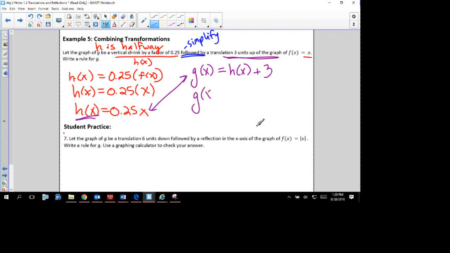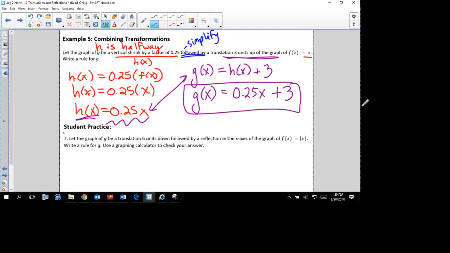So g of x, what is my previous function? 0.25x, add 3. Then I say, can I combine anything? Is this simple in this form, or could I add those together? No. So that would be it. That one's a pretty easy one. So we're doing halfway there, then we're finishing it with the second part.